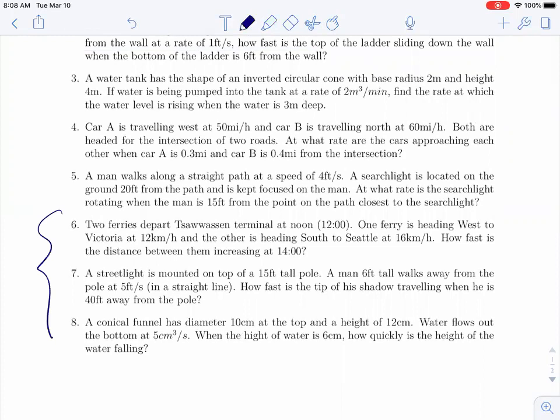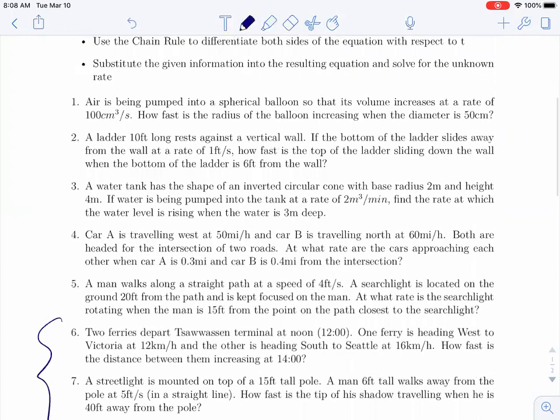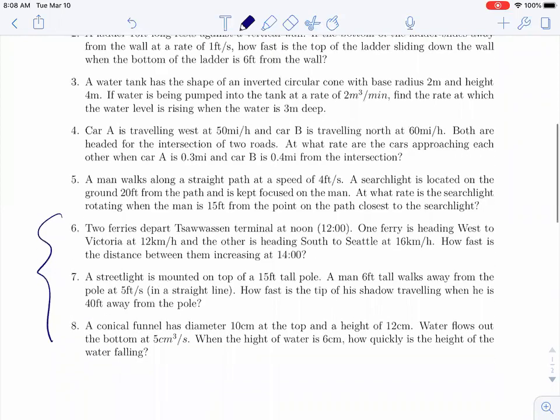And then you'll see that there are similar ones. We did question 1 last day when we introduced related rates, and the others are similar to the ones that we're going to do. So, okie dokie.